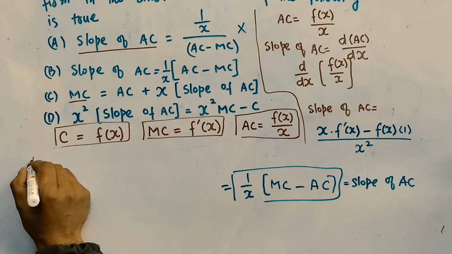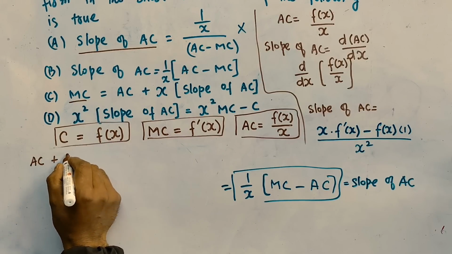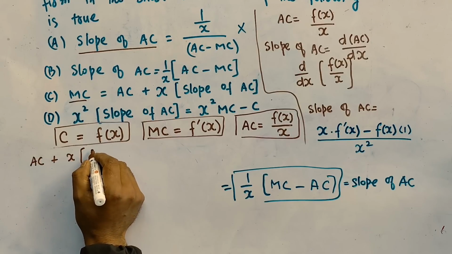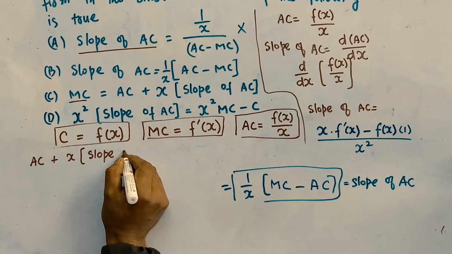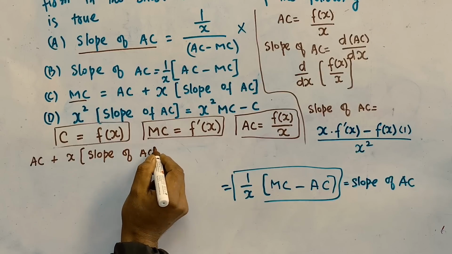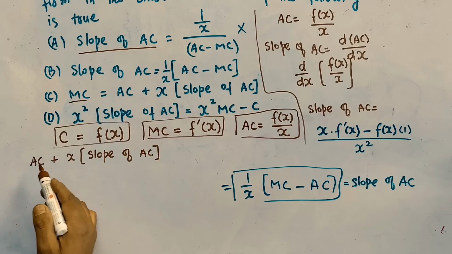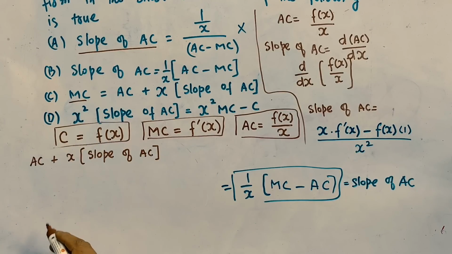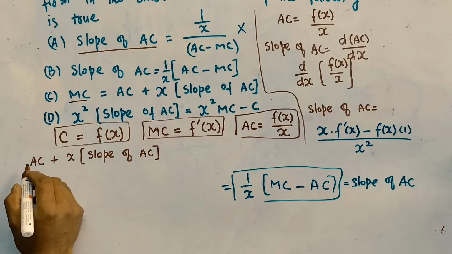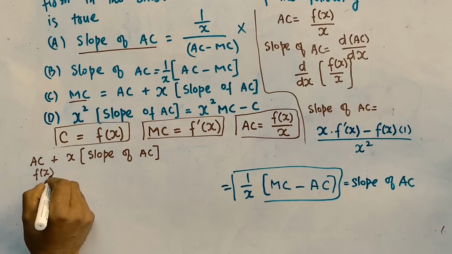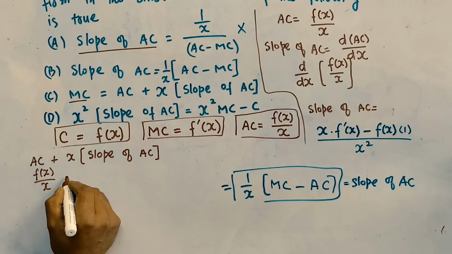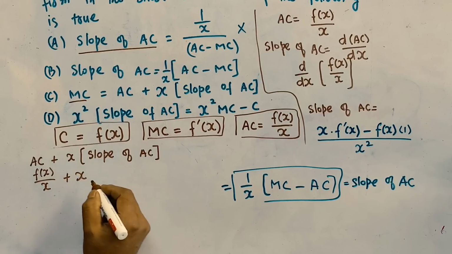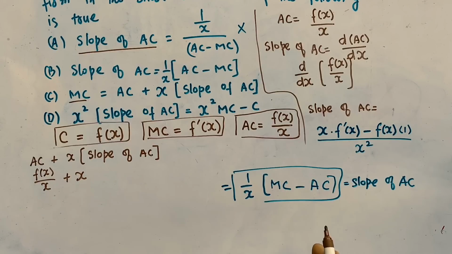We have average cost plus x times the slope of average cost. When we solve this, we should get it equal to the marginal cost. Now what is the average cost? It is f of x divided by x. Then we have the slope of average cost, which we calculated here.